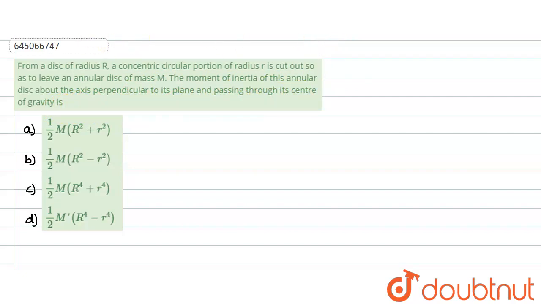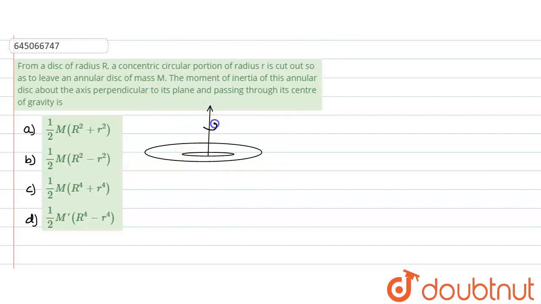Okay, so first of all we just make our disk. For example, this is our cut portion and this is our outer portion. We just redraw this portion. Now we need to find what is the moment of inertia about this axis.